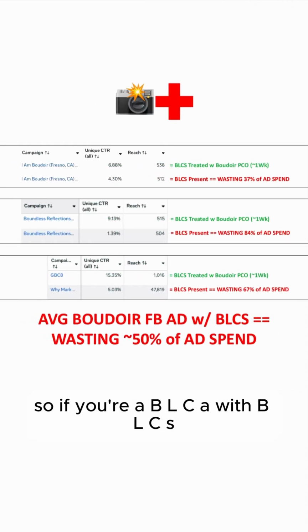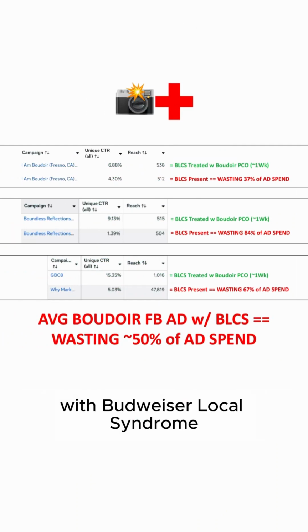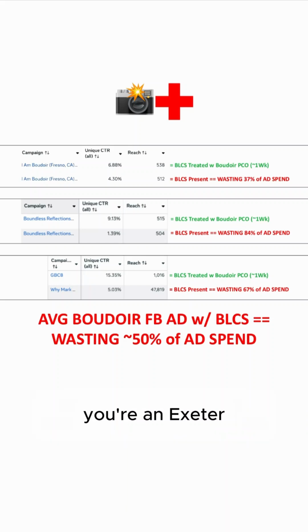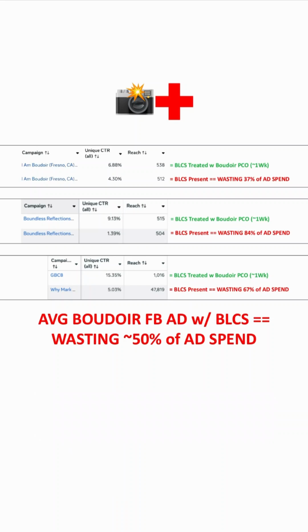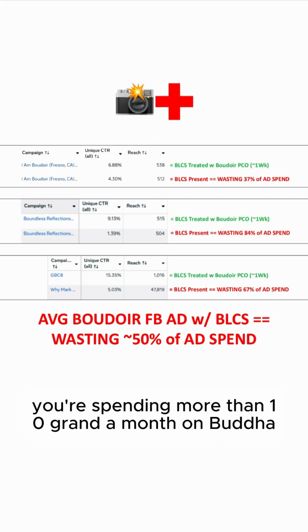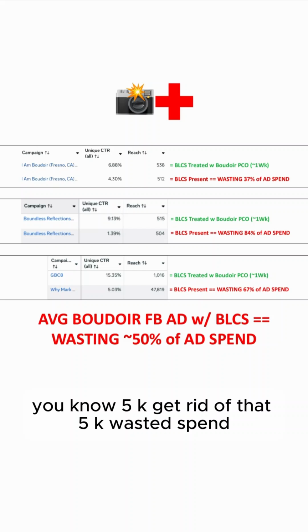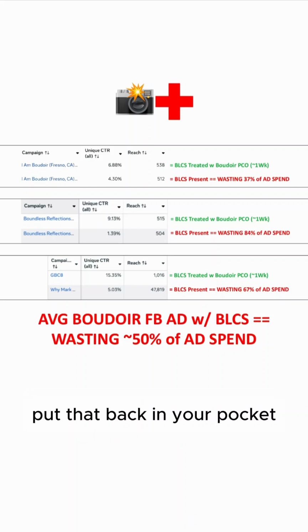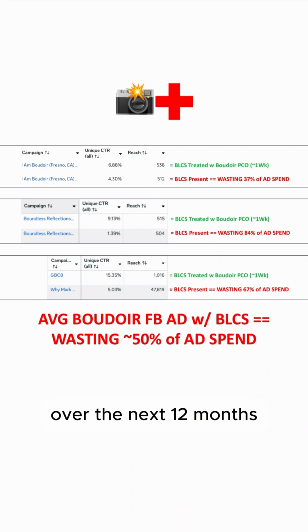So if you're a Boudoir low click advertiser with Boudoir low click syndrome, your unique CTRL of your Boudoir Facebook ads is under 6%, and you're spending more than 10 grand a month on Boudoir Facebook ads, and you want to get rid of that, on average, 5K wasted spend, put that back in your pocket, which would be approximately 60K over the next 12 months.